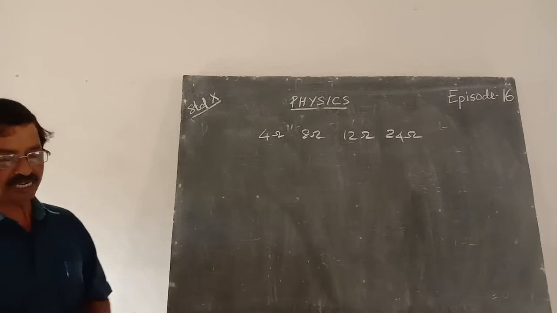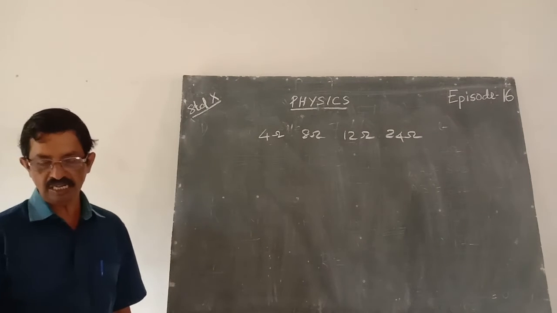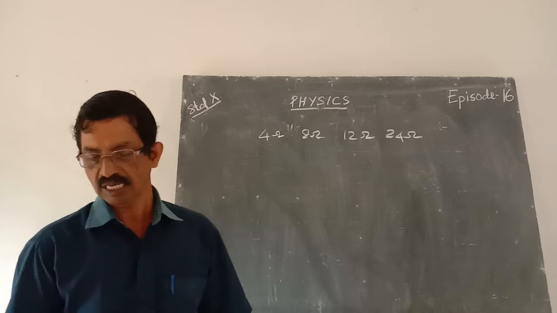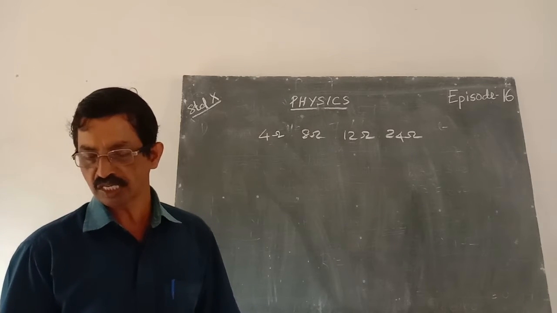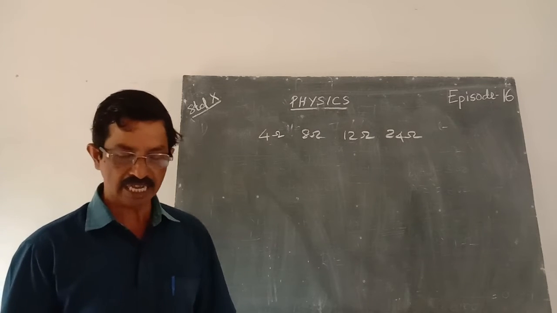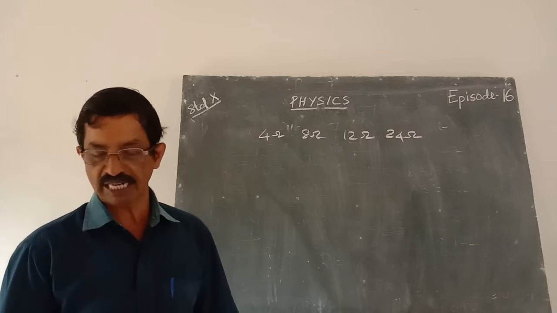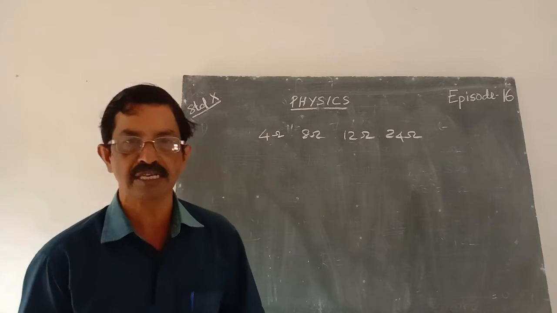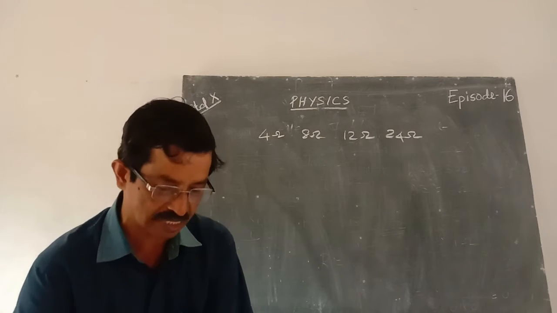Here we want to find out the highest and also the lowest total resistance that can be obtained by the combination of these 4 resistors.